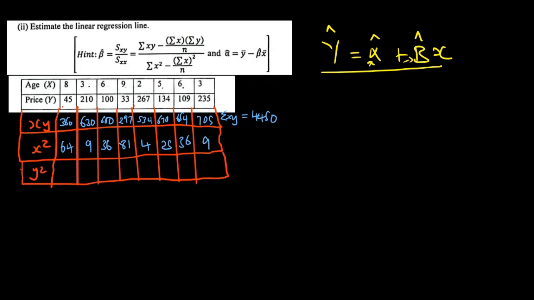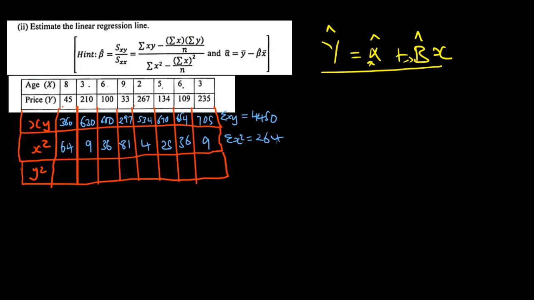Wonderful. So now let's find the summation of x squared. It will just be 64 plus 9 plus 36 plus 81 plus 4 plus 25 plus 36 plus 9. So there I'm going to get 264.